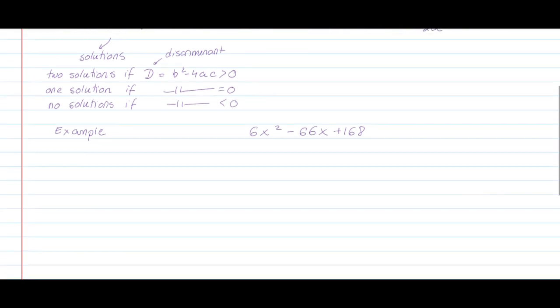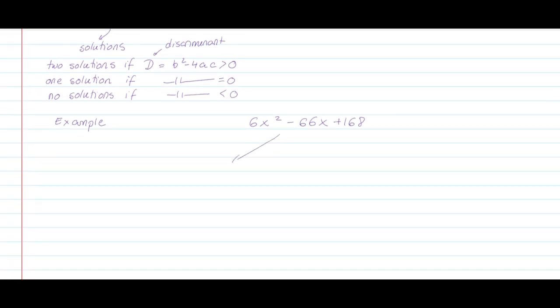And let's say the question is asking me to solve 6x squared minus 66x plus 168 equals 0. Okay, that is what I'm being asked.